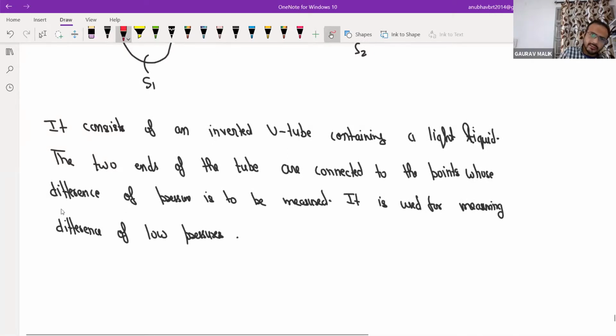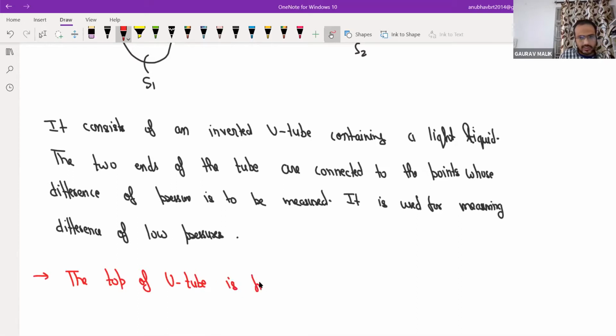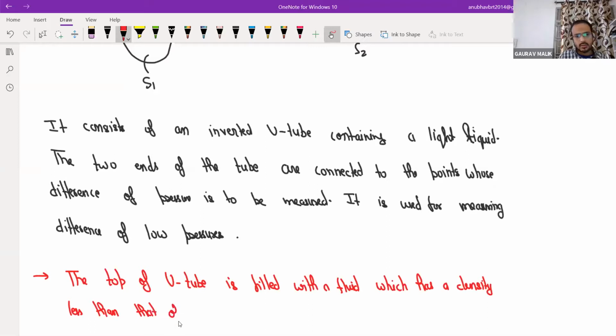Or you can write one line: the top of the inverted U-tube is filled with a fluid which has a density less than that of the working fluid.